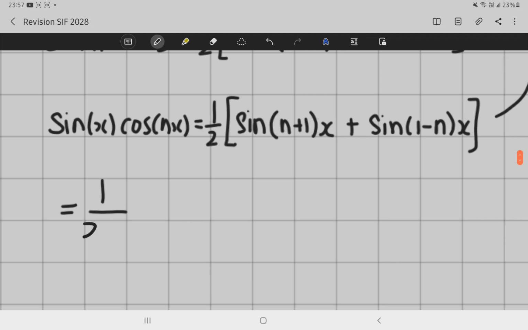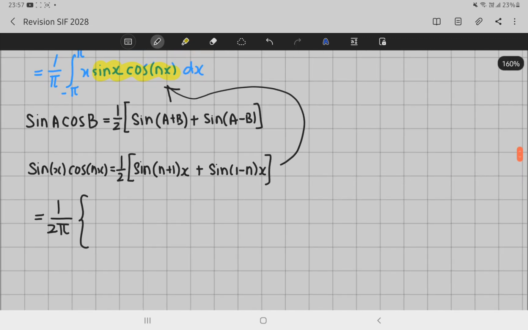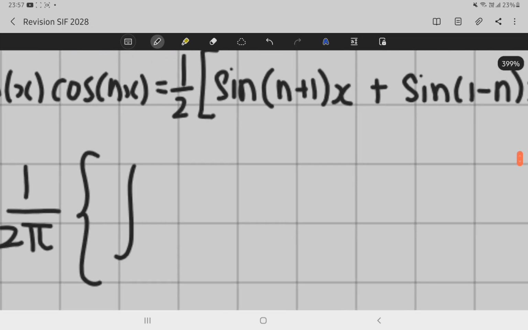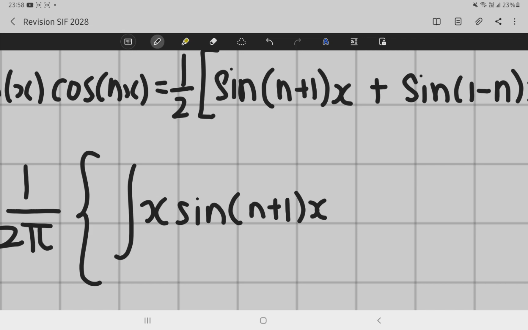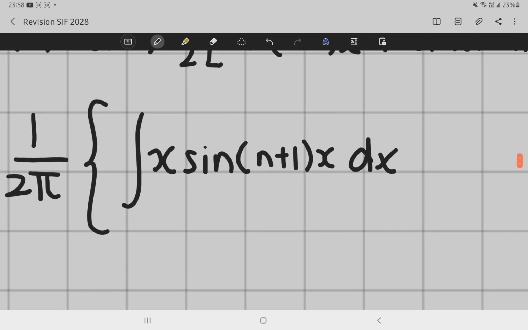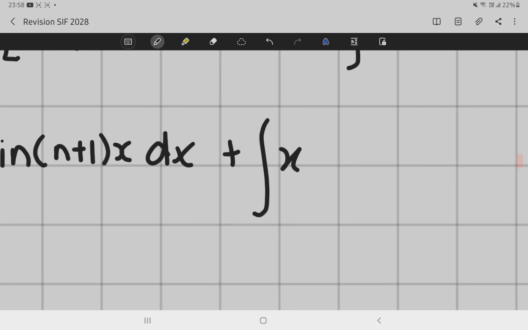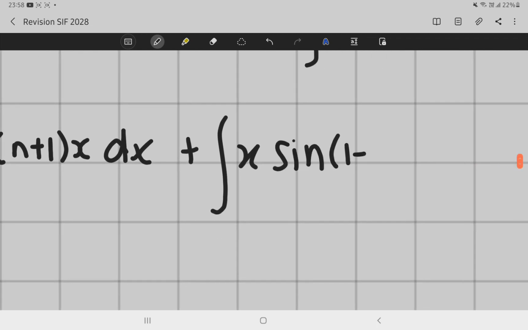So 1 by 2 pi, x, wait, let me check, integration x sine n plus 1 x dx. So this is the first integration, minus pi to pi, plus integration x sine of 1 minus n x dx, minus pi to pi.